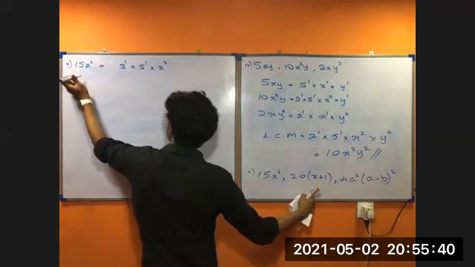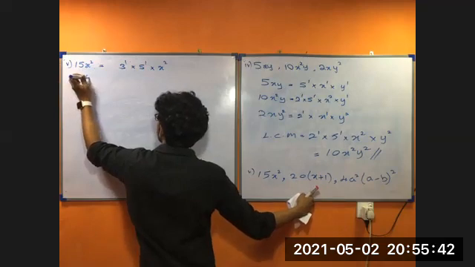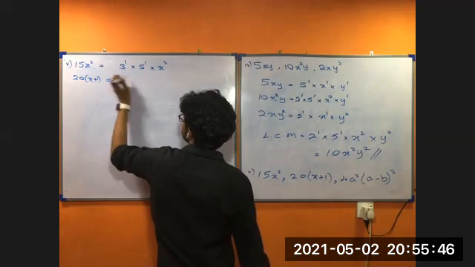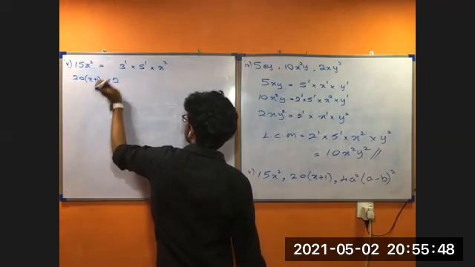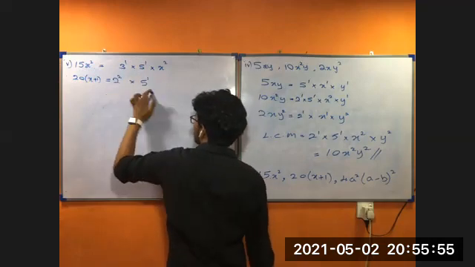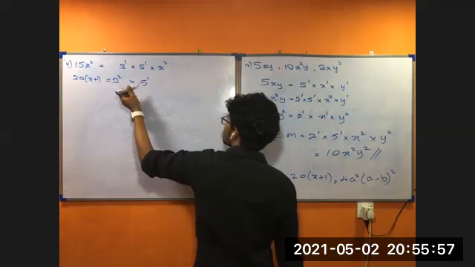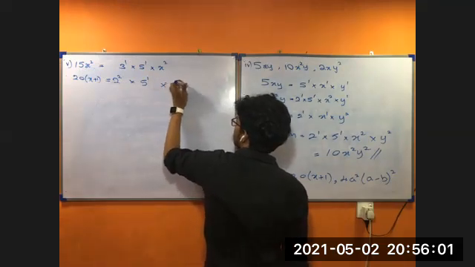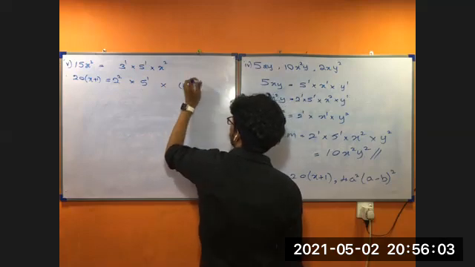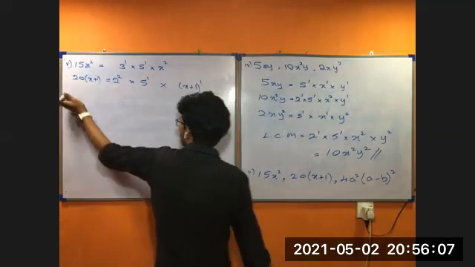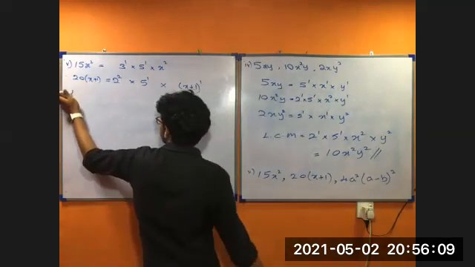Then second one is 20x plus 1, which means 2 to the power 2 multiplied by 5 to the power 1, right? 4 times 5 is 20. So 2 to the power 2 multiplied by 5 multiplied by x plus 1 to the power 1. Those are the factors, right?